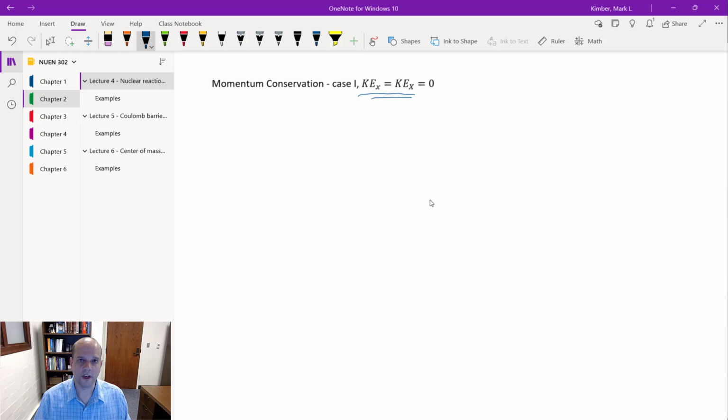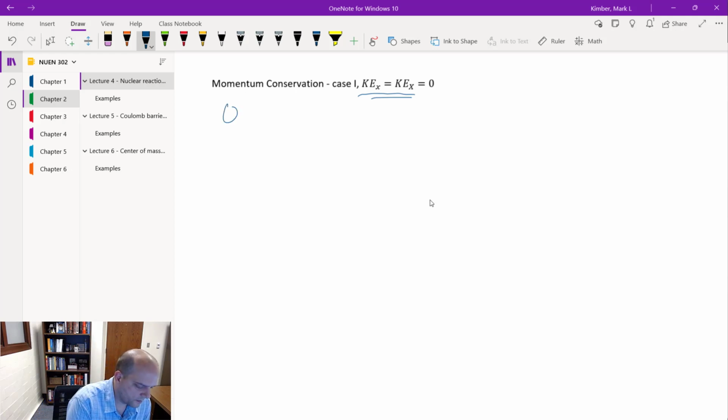And the question is, well, when could we ever see that? And the answer is, well, that's what happens when you have spontaneous radioactivity, when you have spontaneous decay. You have a nucleus that's just sitting there, and in this case, there is no projectile. It's just the target, and then it spontaneously decays into a daughter product and an alpha particle, for example.